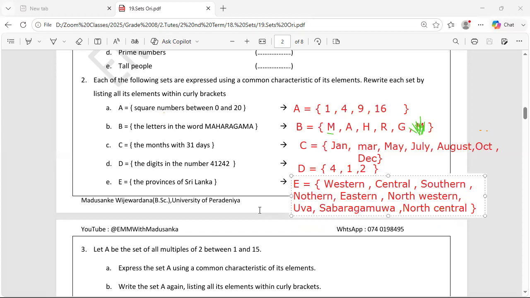So these are the answers that you need to write. Please tell me D once you have completed.